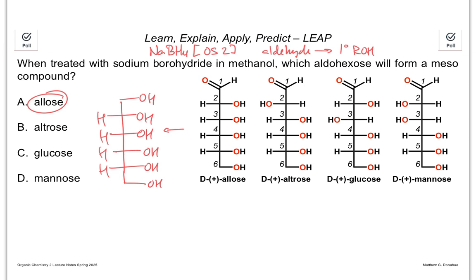Then within that molecule, there's an internal mirror plane. And then in green, those are your stereocenters. So again, the definition of a meso compound: you have to have stereogenic carbons, and then there has to be an internal mirror plane.